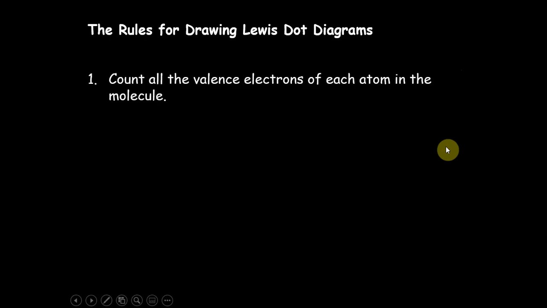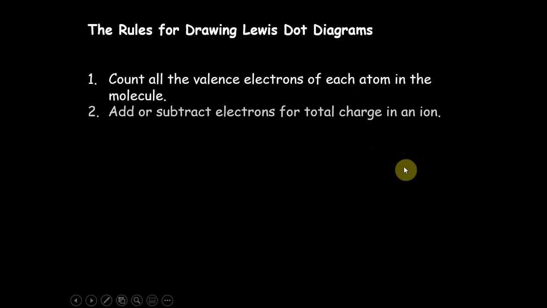So the first thing is, rather than trying to figure out the whole configuration thing on which electrons go where, and which ones are shared with what, the first thing you want to do is just count all the valence electrons in all of the atoms that are involved in this molecule.